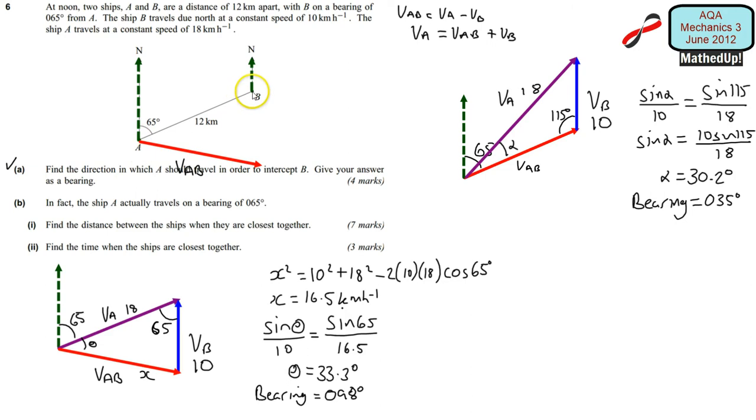Okay, so B is in a fixed position, and if I draw a little ship here, there's my little ship, and it's going to appear that the ship is drifting off in this direction here, going along here, and we want to know at which point the ship is going to be closest to this point B. It looks like it's going to happen when it's perpendicular to this direction of the relative velocity.